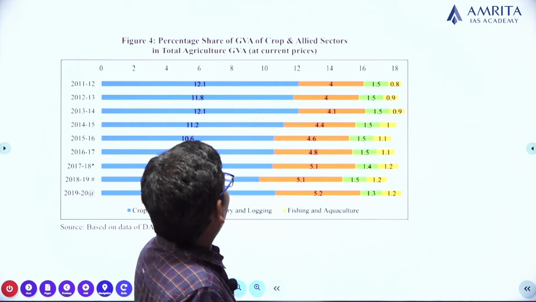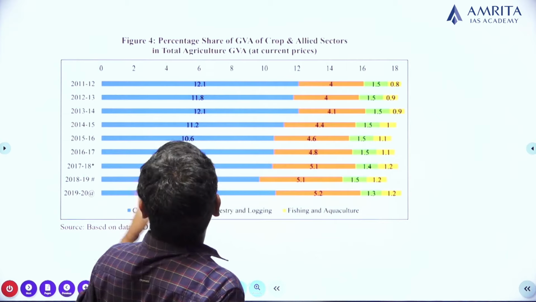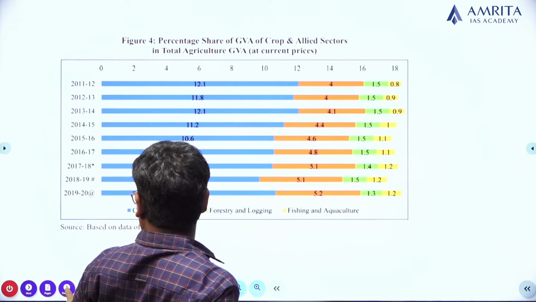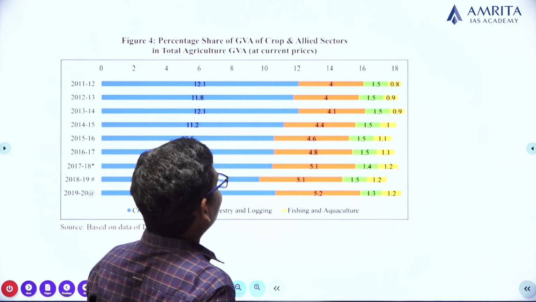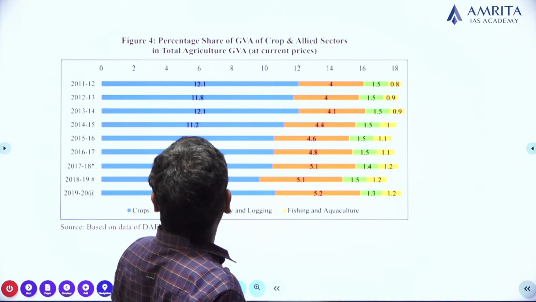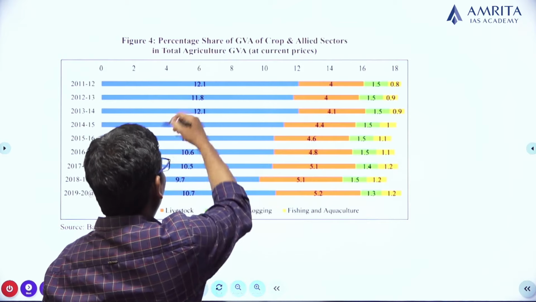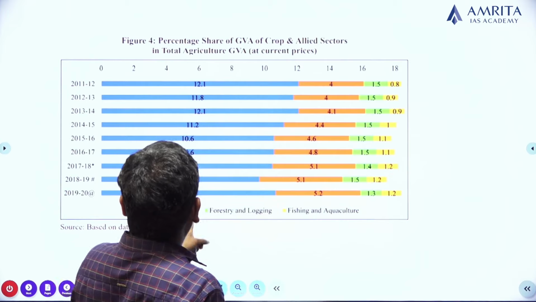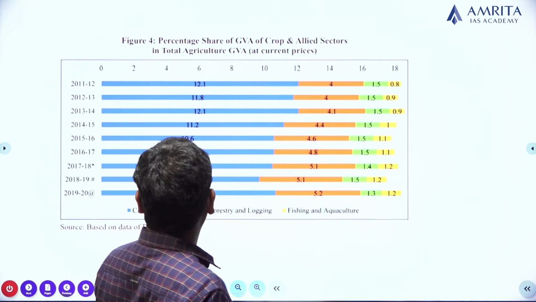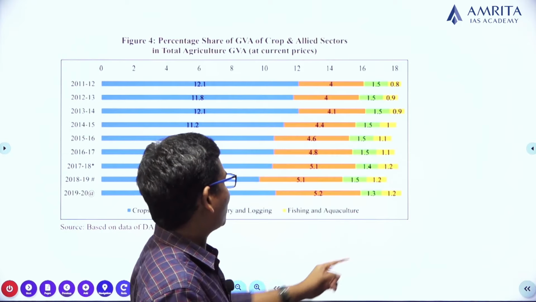Next, percentage of GVA of crops and allied sectors in total agriculture GVA. If you take the total 18% of your GVA, because we are saying it's 18% and 20% of your GVA, in that what is the share of everything? Crops constitute the dominating part, and in 2019-20, 18-19, it's 10%, 9.7, 10%, whereas livestock is 5%, forestry 1.5, 1.2, fishing 1.2, 1.2.